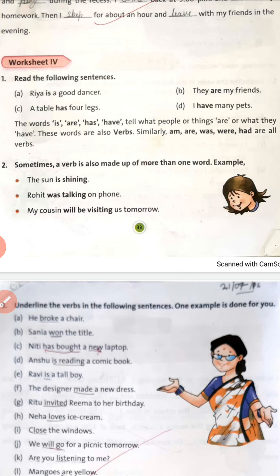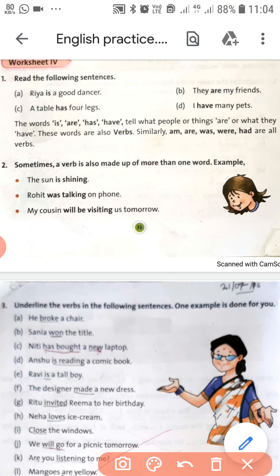See, before number 2, understand number 1. Here you can see the words written in bold letters, like is, are, has or have. Now what are these verbs? These verbs are your helping verbs. They are also verbs, but they are helping verbs, also known as auxiliary verbs.